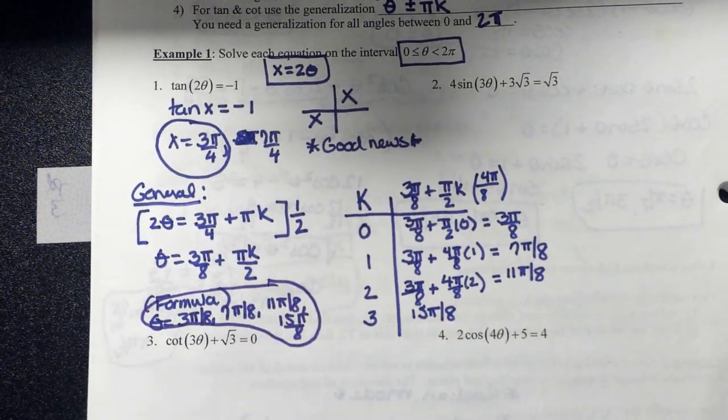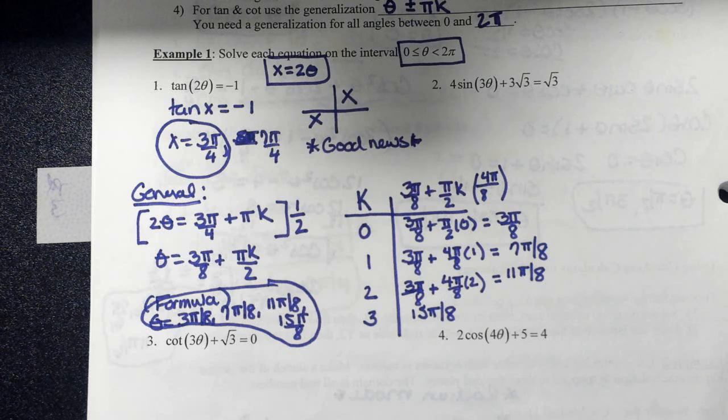And again, if you were to plug these angles back into the original equation, they would work. For example, if I take 3 pi over 8 and plug it in for theta, I have the tangent of 2 times 3 pi over 8 equals negative 1. So when I multiply 2 over 1 times 3 pi over 8, I do know that the tangent of 3 pi over 4 is equal to negative 1.